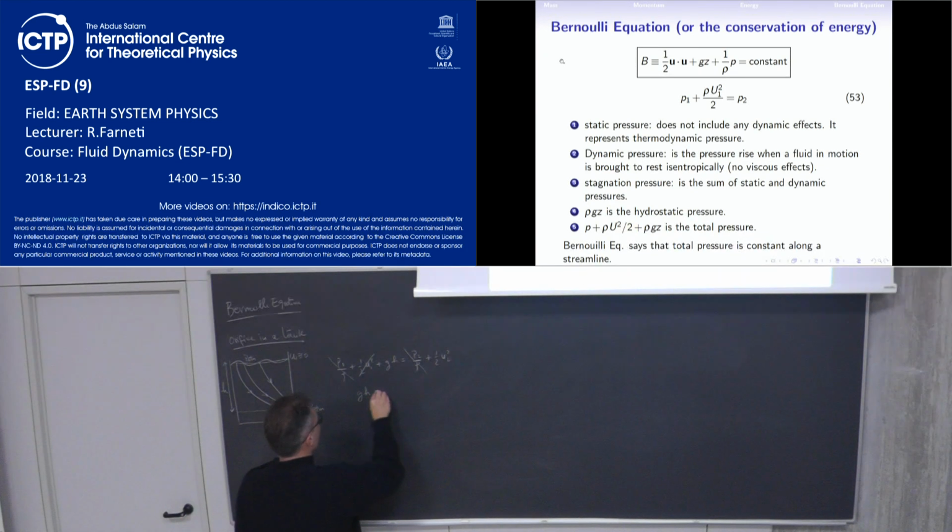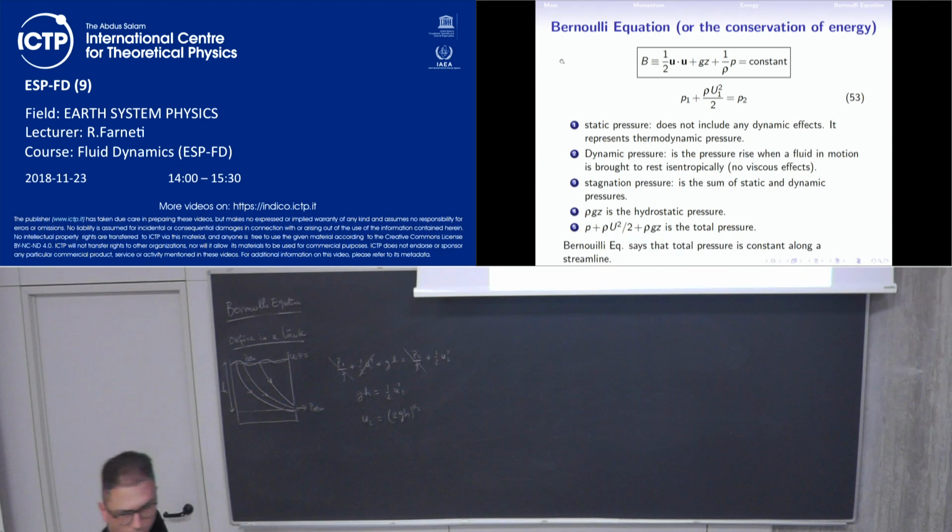And so we are left with simply this, the velocity at which the fluid will spill out of the tank.